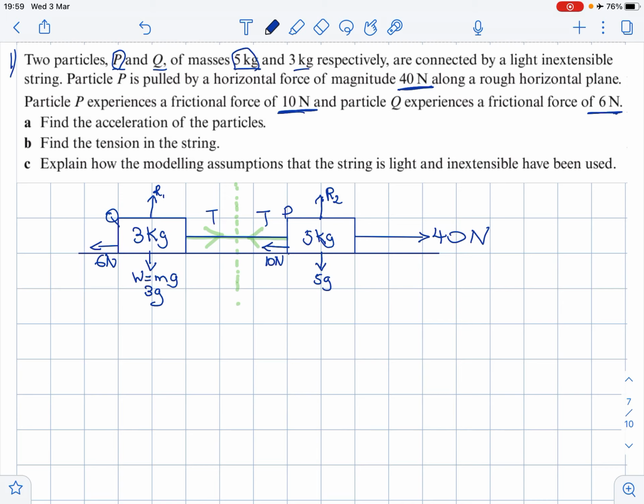So we have our tensions as well. So let's work out the question.